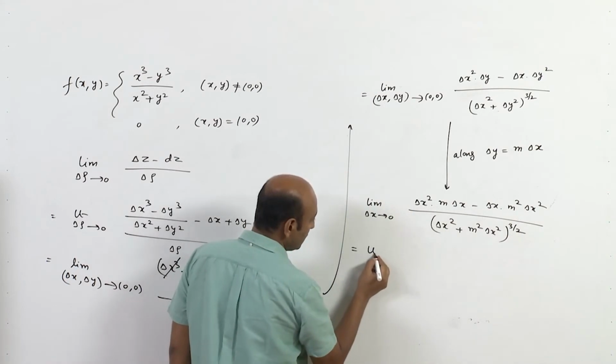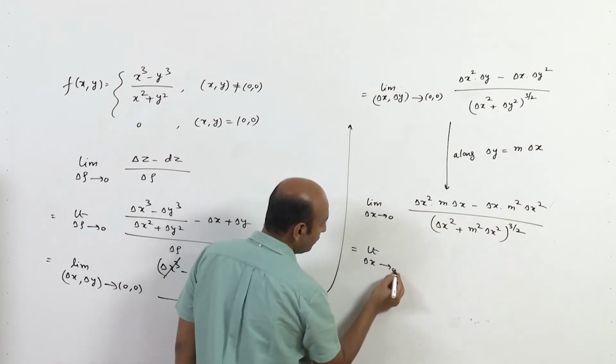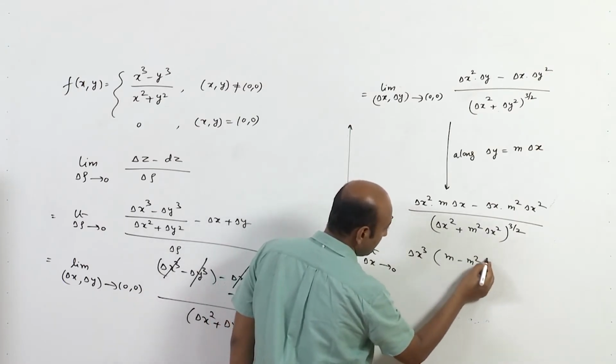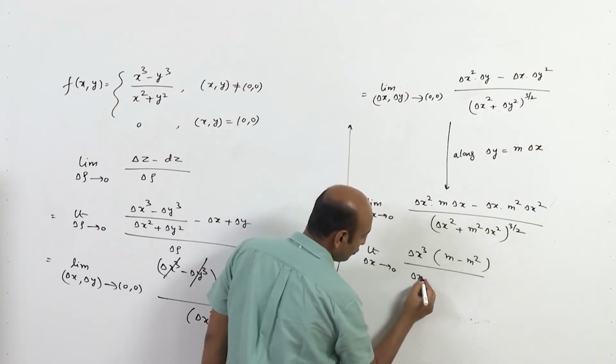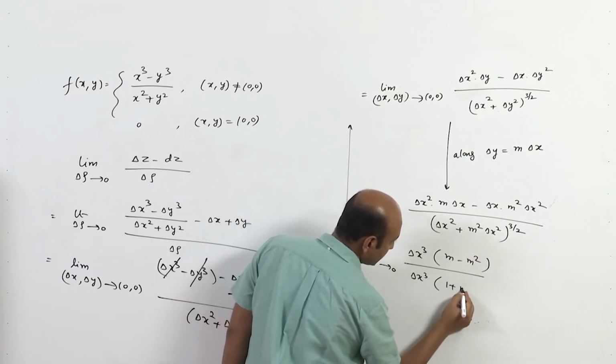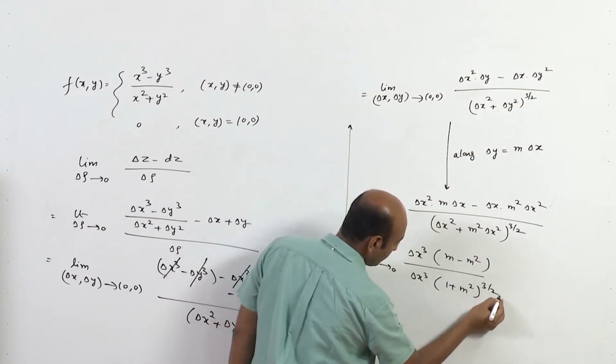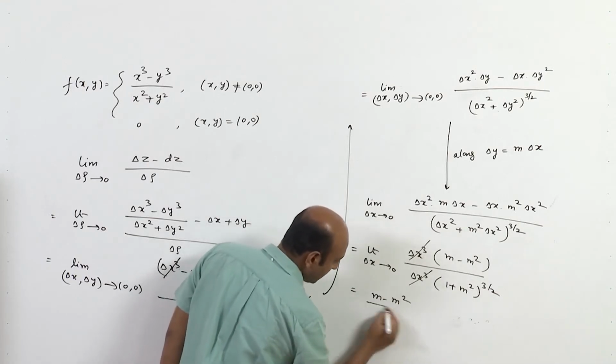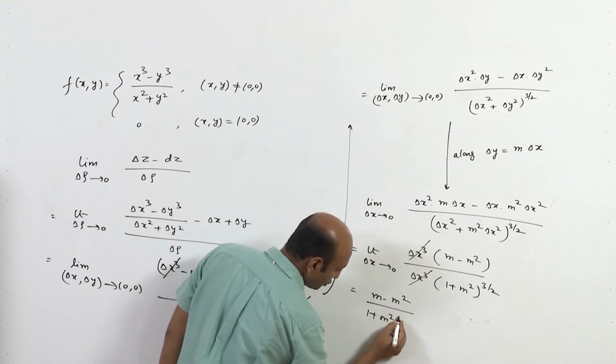This will be equal to limit delta x tending to 0 of delta x cube into (m minus m square) upon delta x cube, which comes out, into (1 plus m square) whole raised to power 3 by 2. So, this will cancel out and this will be (m minus m square) upon (1 plus m square) whole raised to power 3 by 2.